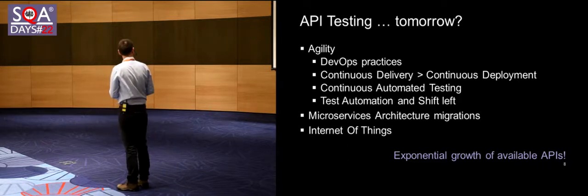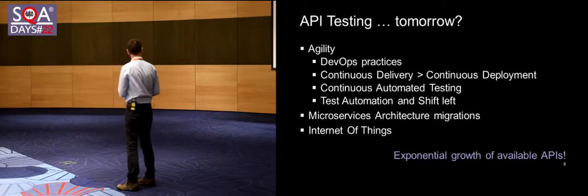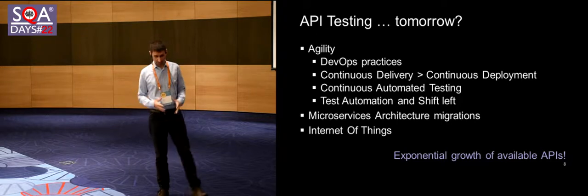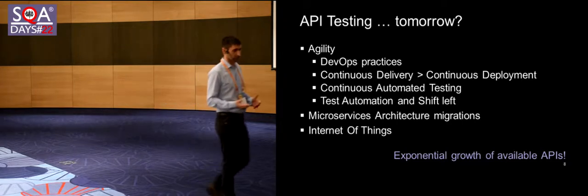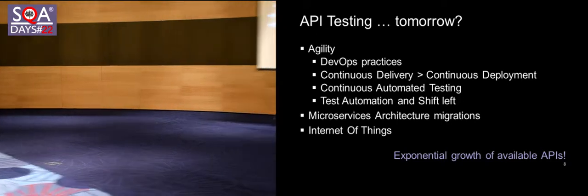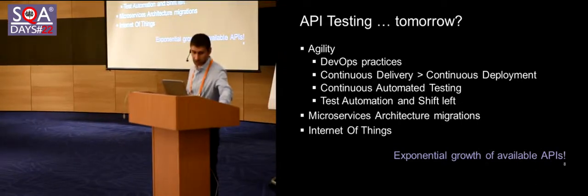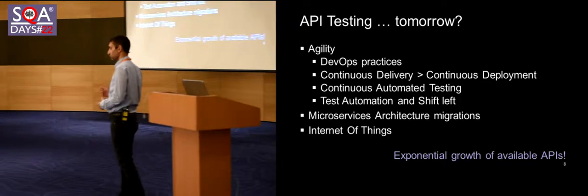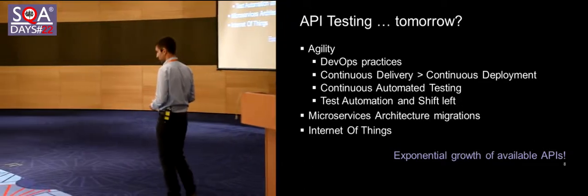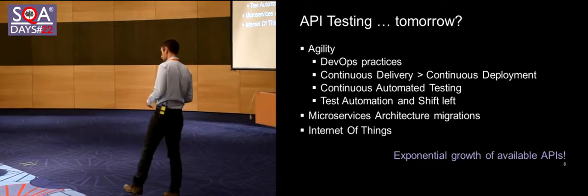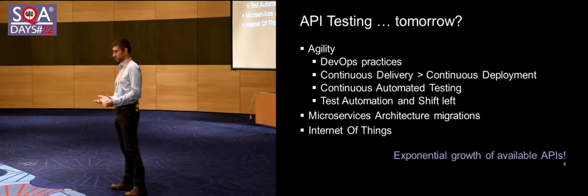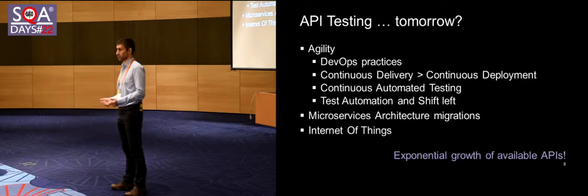So the last one is about microservice architecture migration. As I said, today I see lots and lots of companies moving from traditional architectures to microservices, even the more traditional ones, like banks.